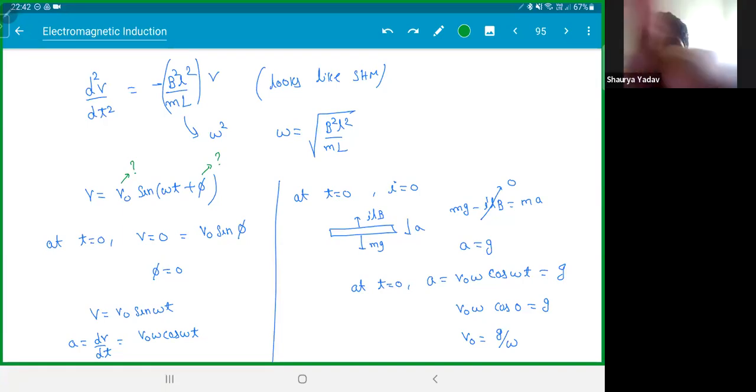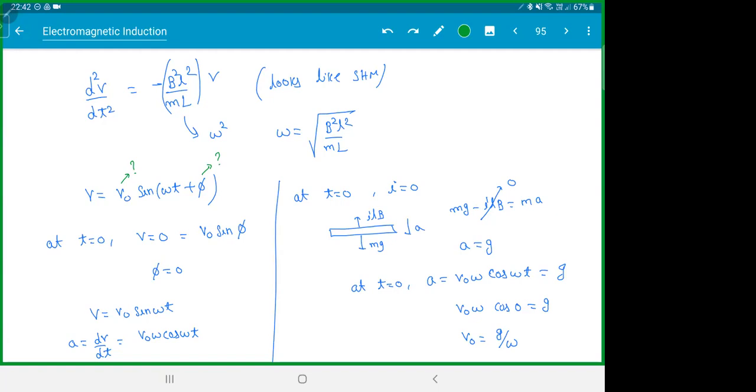But in SHM it is minus omega square x, here it is with v. So you have a v, but no difference now.